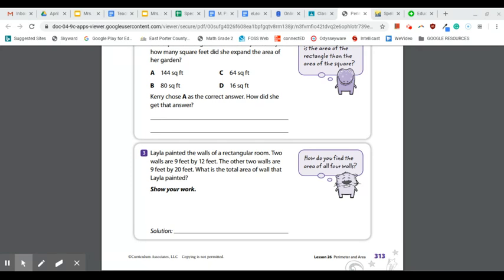And if I have 2 walls that are 180, that's going to give me 360. Okay, now to find the total, I'm going to add those numbers together. Again, I'm going to let you do this part by yourself. 216 plus 360 should give you your answer. And don't forget that your answer when you're talking about area should be in square feet.